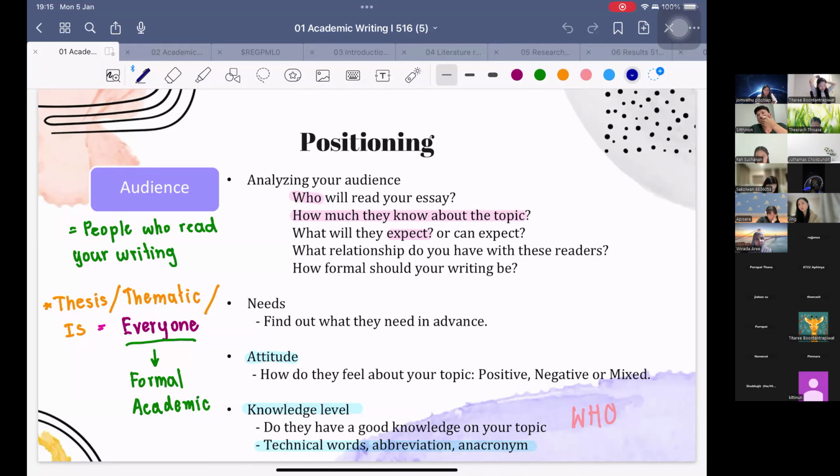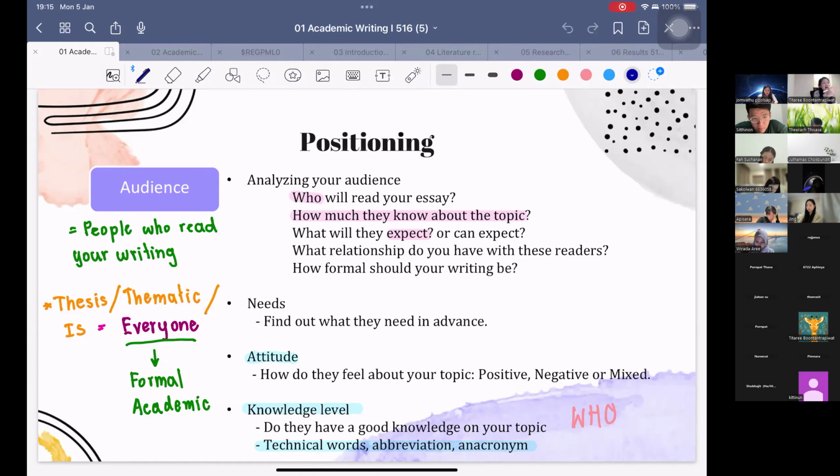Or if you don't know the person who's going to read it, some people say that if you publish your work publicly, so you open your work to everyone, your writing needs to be formal, which is technically your thesis or your research.